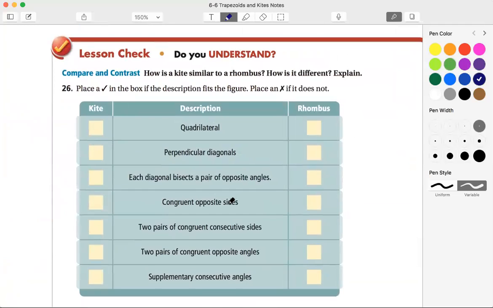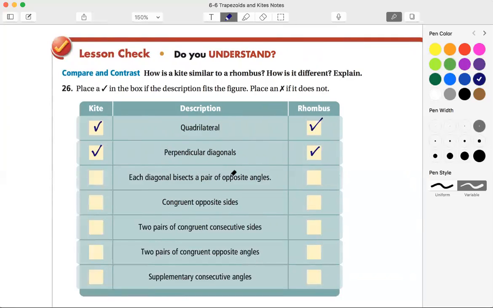Okay, so let's place a check mark in the box that fits the description. Place an X if it does not. So how is a kite similar to a rhombus, and how is it different? So is a kite a rhombus? Is a quadrilateral a rhombus? They are both quadrilaterals. They both have perpendicular diagonals.